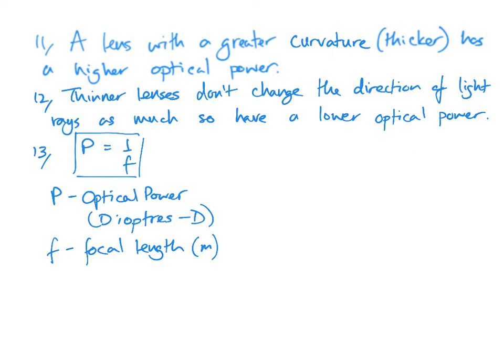Now, the other thing that an optician would need to indicate is which type of lens. We've been concentrating mostly on convex or converging lenses, right? But an optician can also indicate whether you need a converging or diverging lens by using a plus sign for converging and a minus sign for diverging.